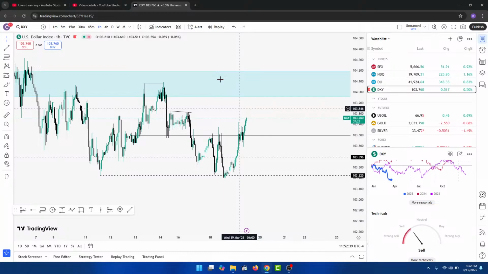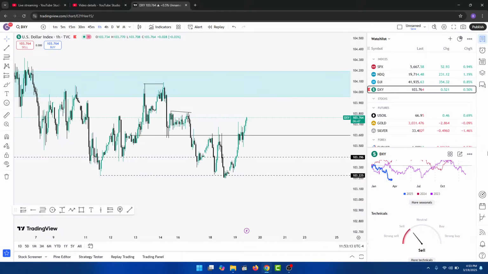All right, so this is the dollar index, and we're going to be looking at the higher time frame, because the higher time frame always is where the liquidity is residing. Remember, like I always emphasize, when you're about to start trading, it's important that you start your day with studying the higher time frame order flow, the higher time frame market structure, especially on the monthly, the weekly, and the daily time frame.